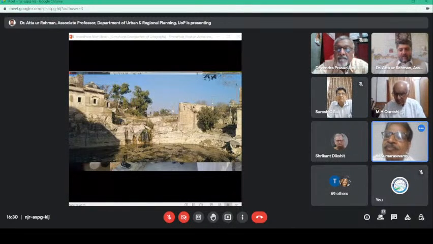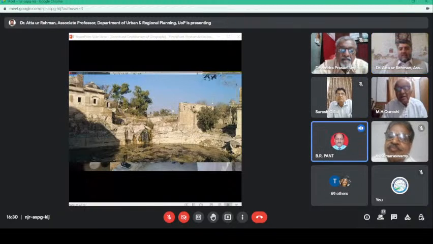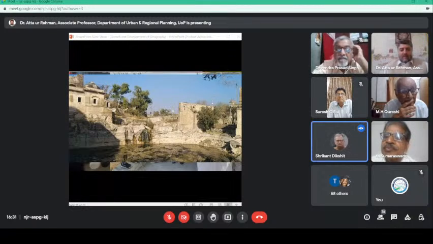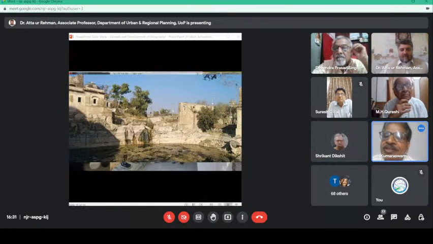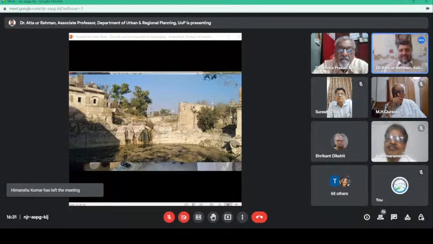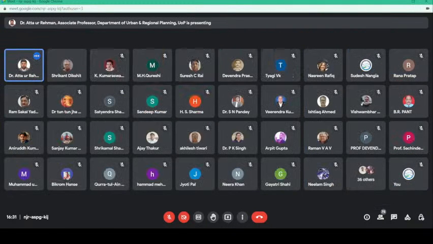You can proceed, sir. Can you see the Rohtas Fort? It's not working. I'm stopping the share because somebody disturbed it, so let me restart the presentation.